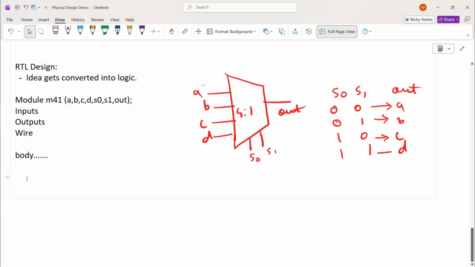The logic will be present here, right? And at the end we write endmodule.